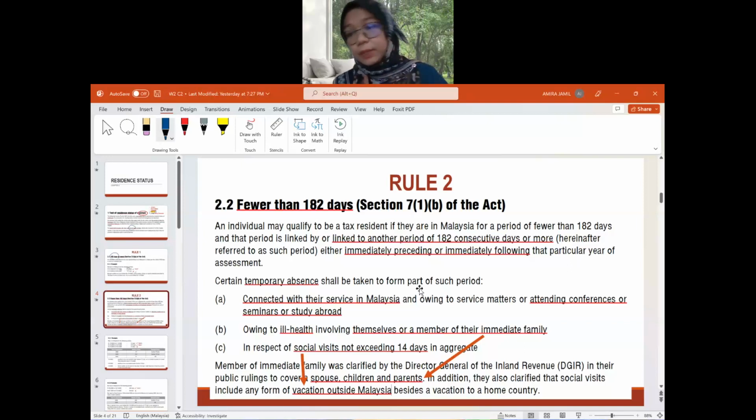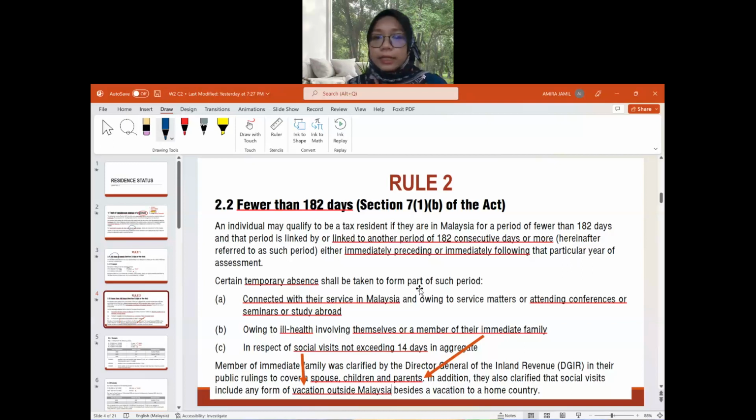The first rule was 182 days or more, but for this second rule, the individual is in Malaysia for fewer than 182 days, but is still considered a tax resident if the period is linked to another period of 182 days, immediately preceding or immediately following.